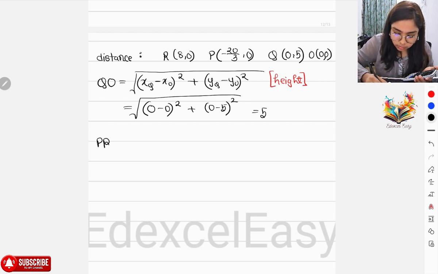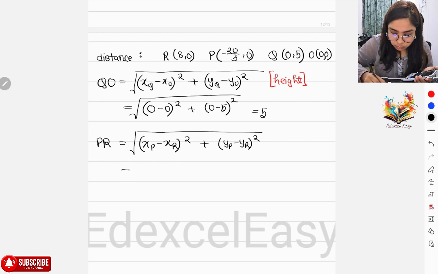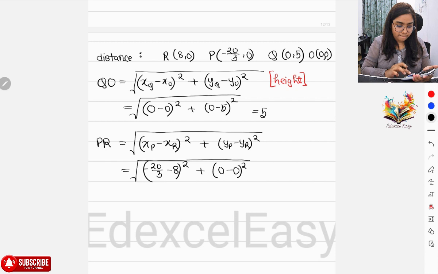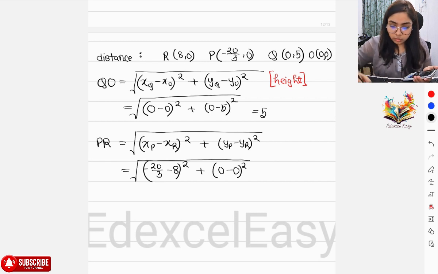And for the length of PR, that would be XP minus XR whole square plus YP minus YR whole square, everything under a root, which would be XP was minus 20 by 3 minus 8 whole square plus 0 minus 0 whole square, everything under a root. Plus 0.